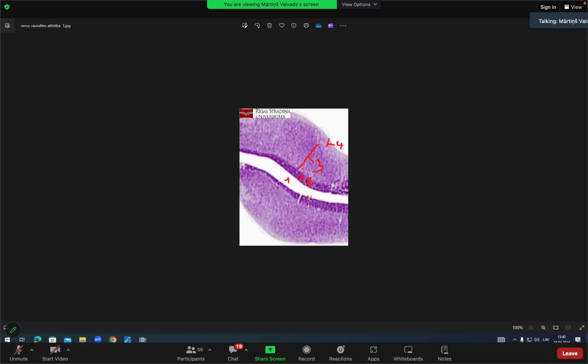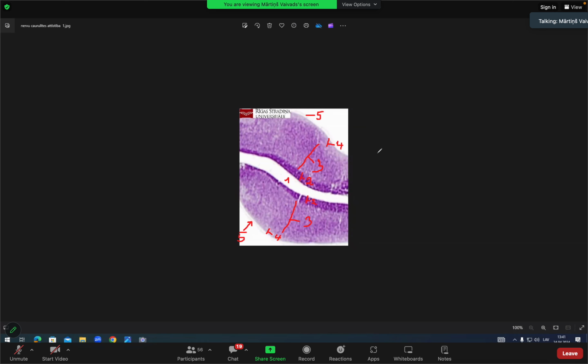The marginal zone is very thin. And here actually there's a very thin layer of pia mater outside. Here you might see small fragments of pia mater on the outside. So pia mater is in this slide. I hope this slide is clear.